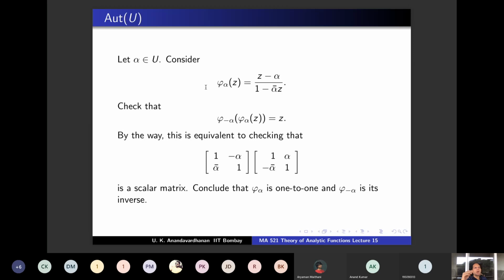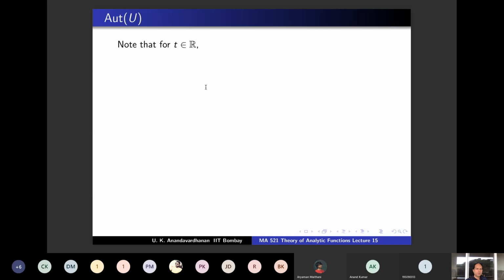We are going to claim that phi alpha maps the boundary of U onto the boundary of U. That's one claim. And the next claim is phi alpha maps U onto U. So it maps U onto U and the boundary of U onto the boundary of U. So first we will prove it for the boundary.